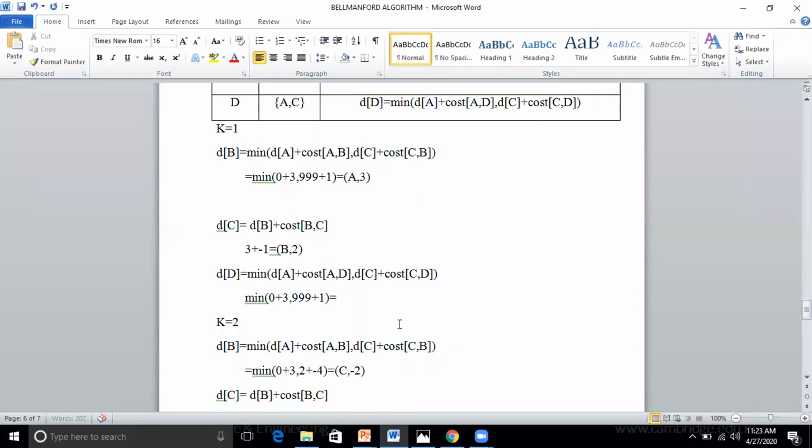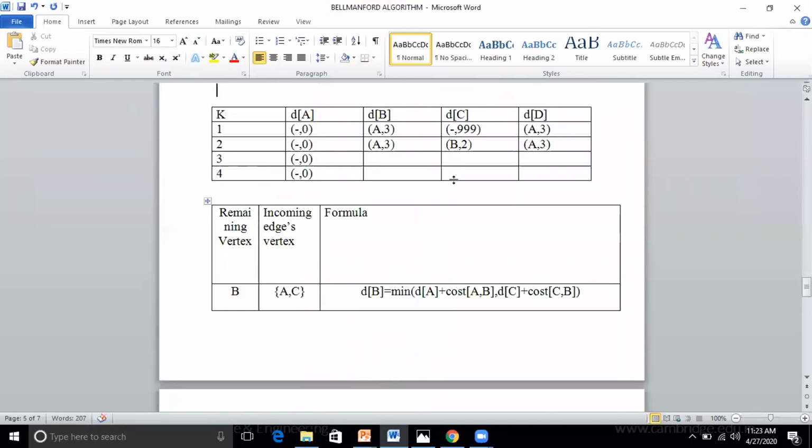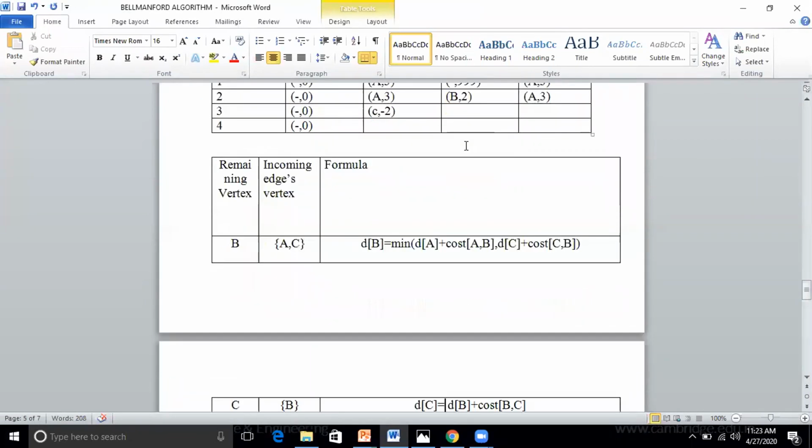Yes, students, any doubts here? No, right? This is C comma minus 2. Yes or no? Yes, sir. Now, D of B has become C comma minus 2. Okay, fine. So now come for the C value. Now distance of B is what? 2.